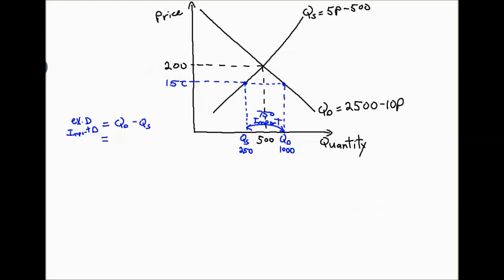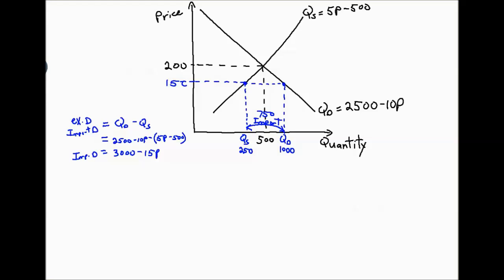So by substitution, that's just 2,500 minus 10p, minus 5p minus 500. Remember your parentheses. Then gathering up all those terms, I get 3,000 minus 15p. So that's my import demand function.